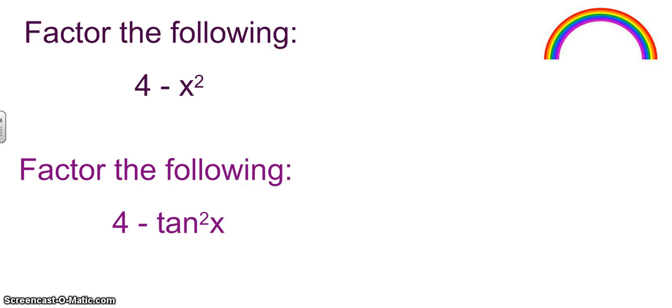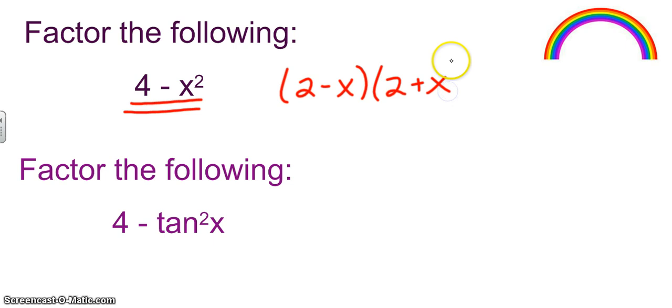Factoring, everybody's favorite. This right here, we're factoring. We're not setting it equal to 0, we're not solving for x, we're just factoring. This will factor into the difference of 2 squares. So 2 plus x and 2 minus x. Please notice 4 was in front, so the 2's are in front. X is in the back, so the x's are in the back.